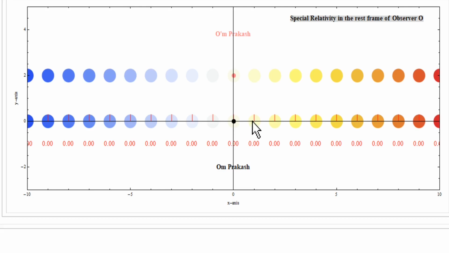So the rest frame length is the true length of the separation between Om prime Prakash and his friends, and similarly, the rest frame length of the separation between Om Prakash and his friends, which here is 1 meter, is the true length of their separation. And the way to really do a comparison would be to compare both of them at rest to each other.